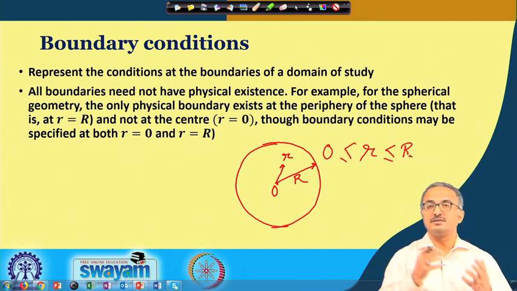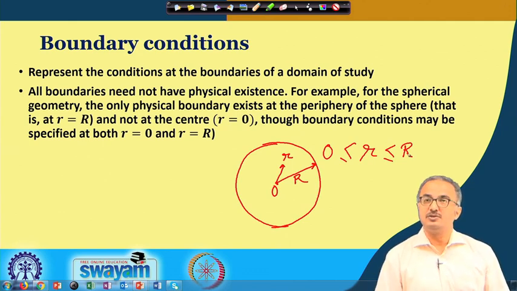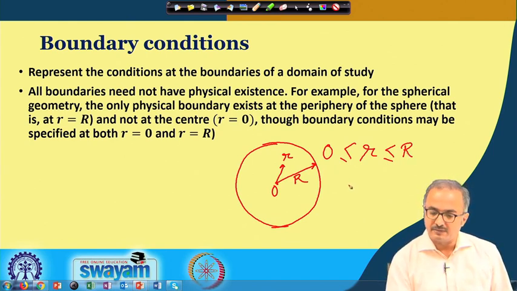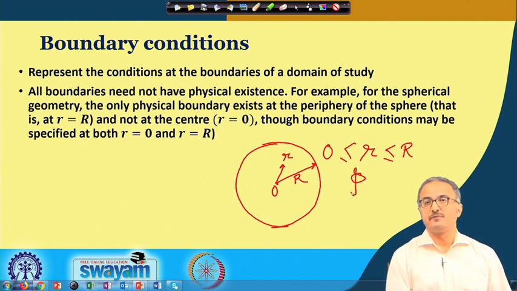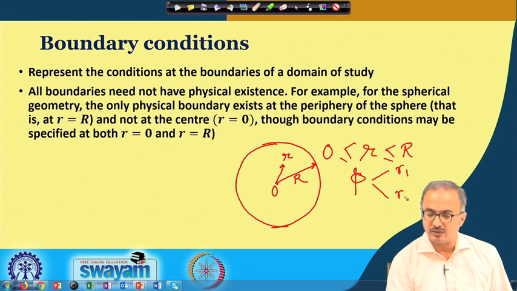Suppose we are writing some balance equations, maybe in terms of concentration, velocity or temperature. What we generally do is, if we find that we have a second order equation, we have to specify the value of phi, the particular property for which we are solving. Now, this phi has to be specified for the boundary condition at 2 points, say R1 and R2.